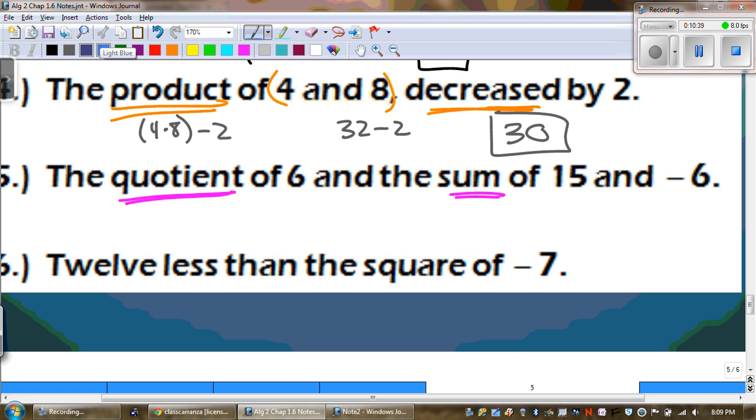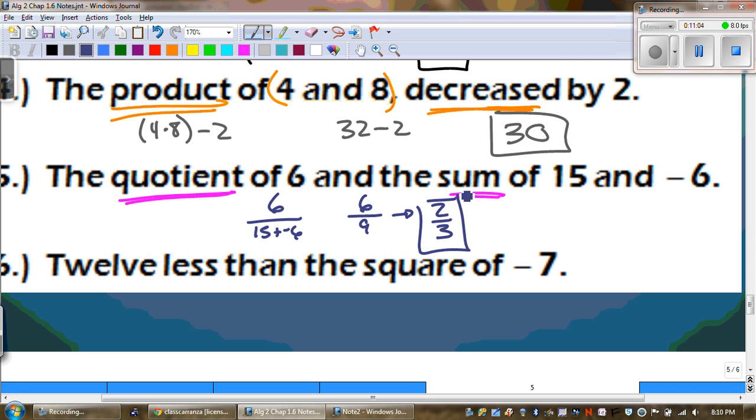Okay, so the quotient tells us that we need to divide. And we're dividing 6, that's the number that goes on top. But we're dividing it by the sum of 15 and -6. 15 plus -6 is 9, and then we can actually reduce that fraction to 2/3. And that's your answer.